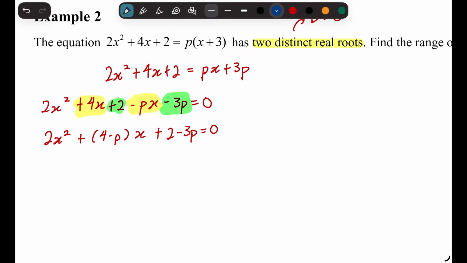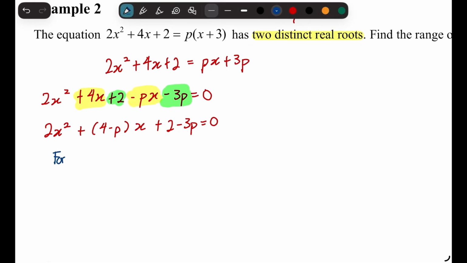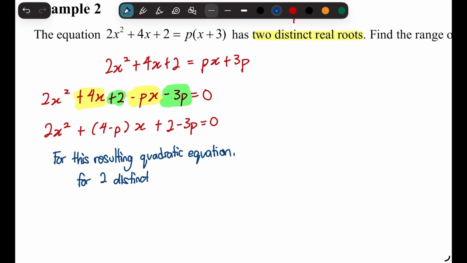So what does that mean? It means that for this resulting quadratic equation, I know that for two distinct real roots, the discriminant D must be strictly greater than 0.